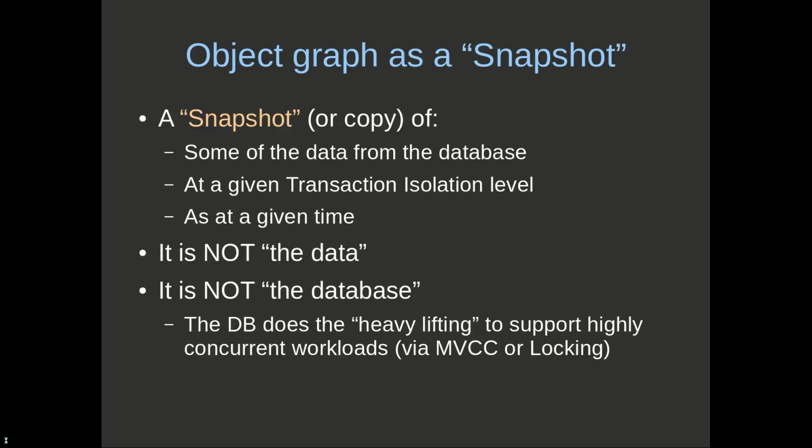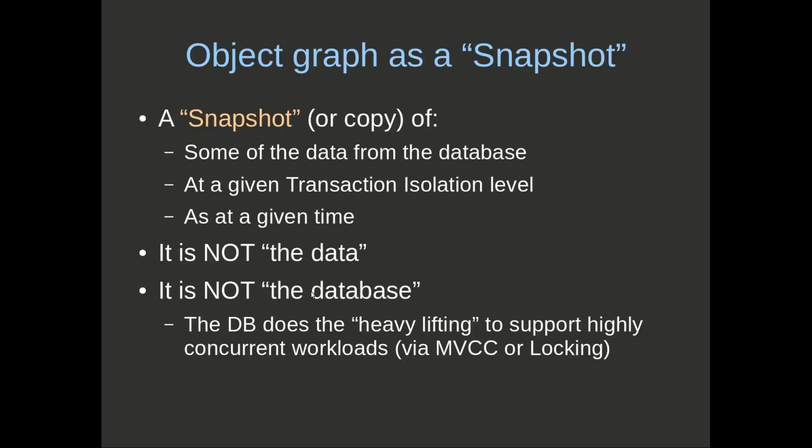So what do I mean here? When we've got an object graph from a query, it's a snapshot. So it's a copy of some of the data from the database, at an isolation level at a given time. It's not the actual data. So for example, as soon as we get the data, it could be out of date by some other concurrent activity.